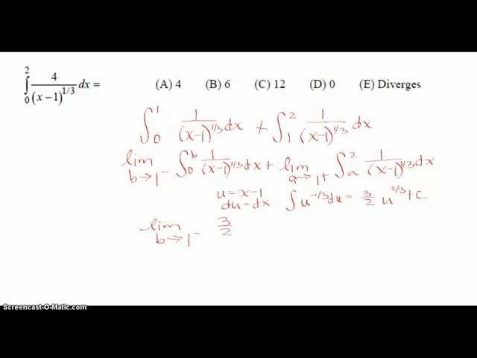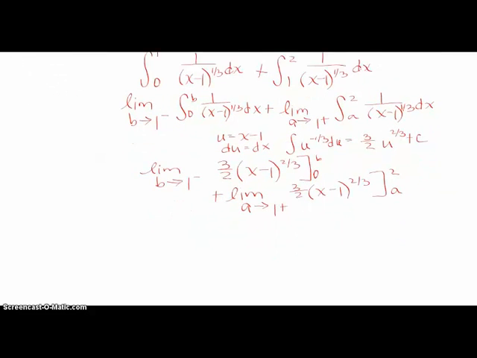So 3/2 (x minus 1) to the 2/3, and we are integrating from 0 to b, plus the limit as a approaches 1 from the right, 3/2 (x minus 1) to the 2/3, and we're integrating from a up to 2.